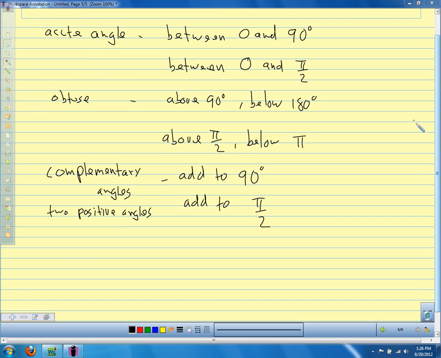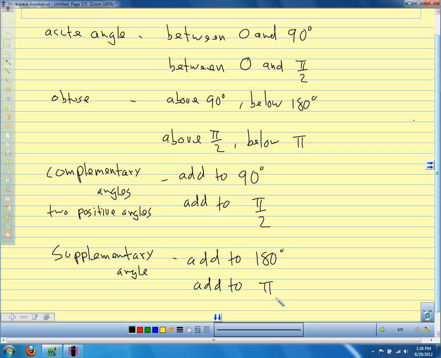And so now that we got complementary, what about supplementary? Supplementary angles add to 180. And in radian measure, add to pi. So some of your homework problems will ask you to find the complement and supplement of an angle.